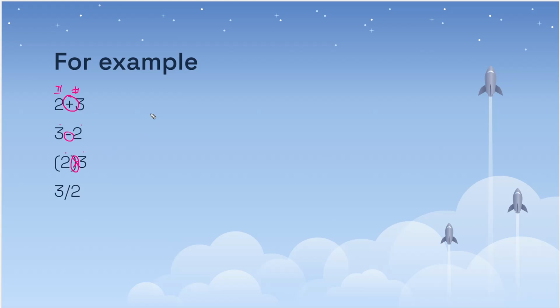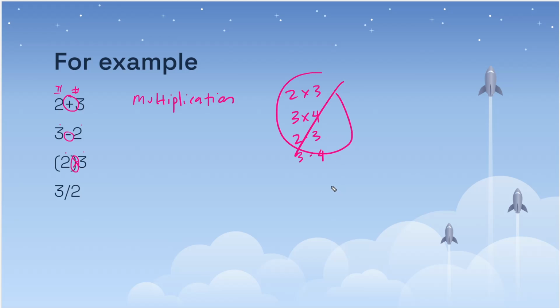In the past, you may have known multiplication to look like this: 2 times 3, or 3 times 4. But we're going to stop using all of that.